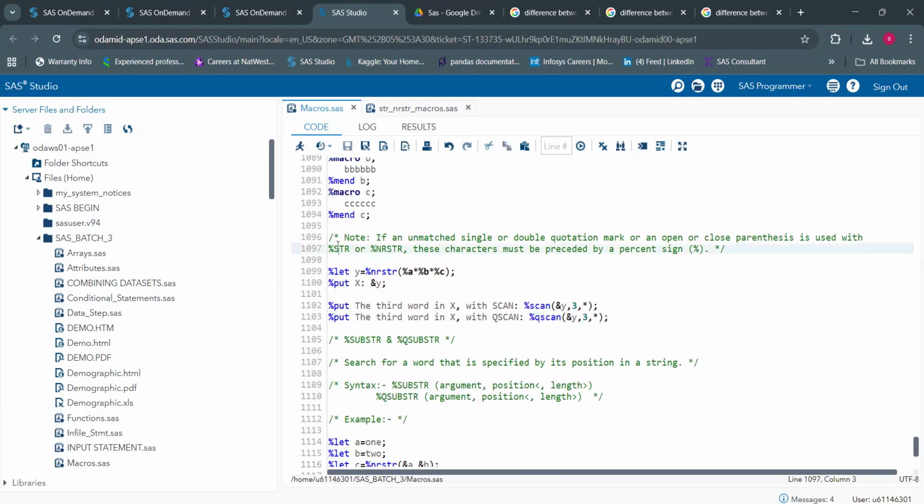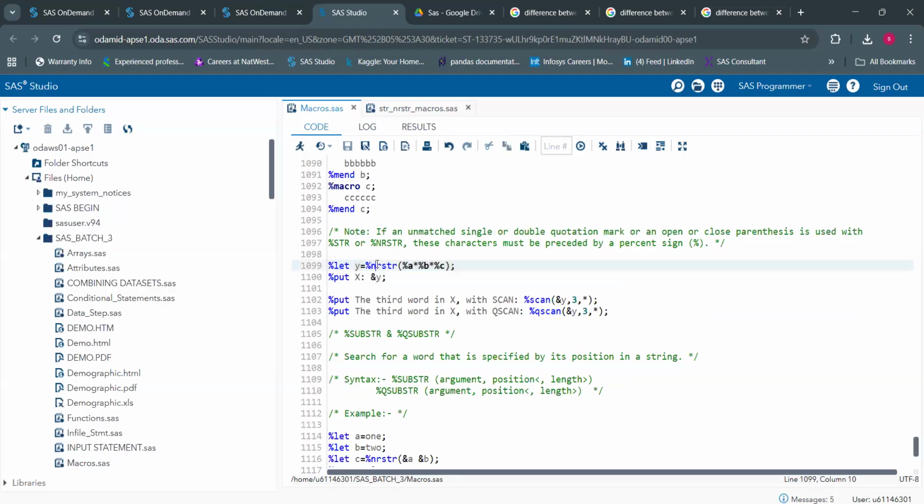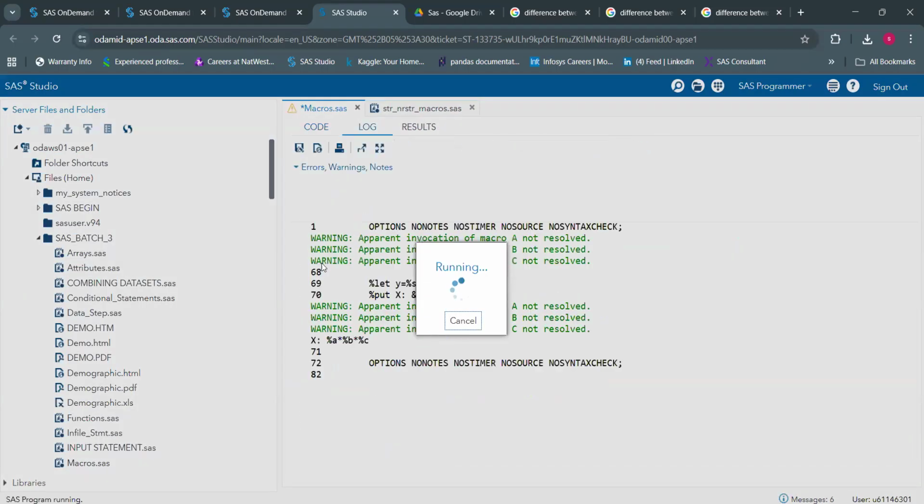STR also masks quotations and some special characters, but it can't mask ampersand and percentage. In order to mask ampersand and percentage, we use NRSTR. It masked the percentages, because we got the answer percentage A into percentage B into percentage C.